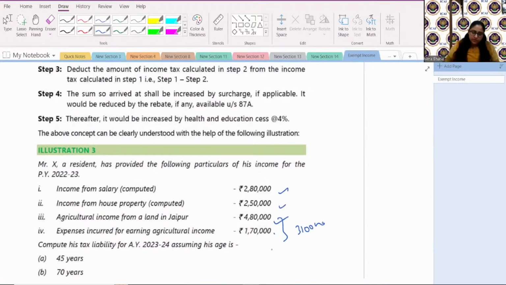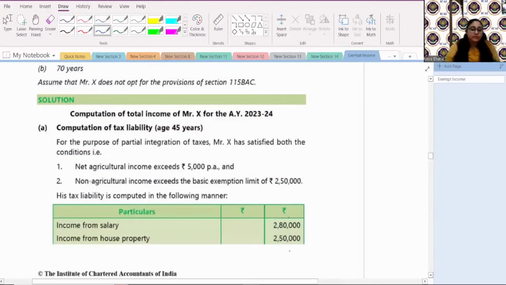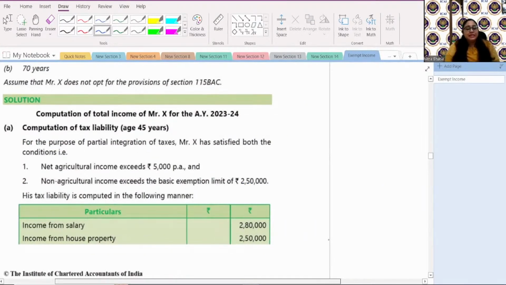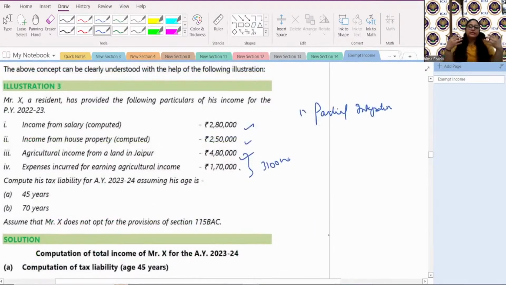We all agree on it. But the taxation part comes with the concept of partial integration, where they integrate, meaning combine, the agricultural income with non-agricultural income just to remove the slab benefit.